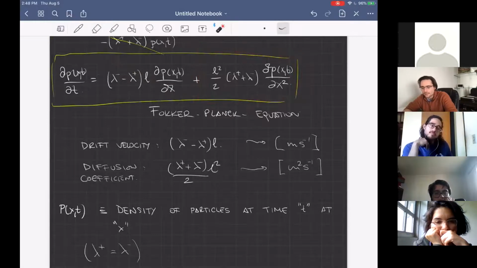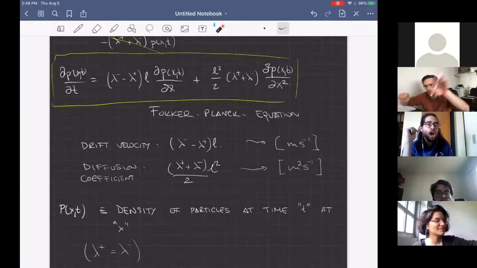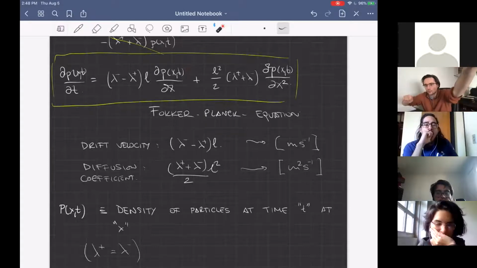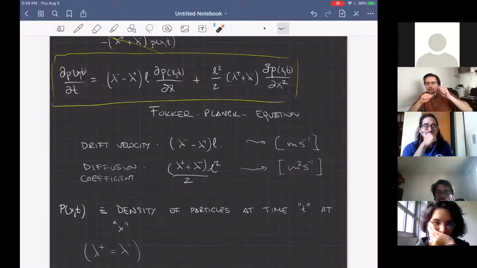Basically, you can see that this linear term is some kind of deterministic drift in the movement, and let me know if I'm using very technical words. This is some component of the movement that you will always see because the animal has more probability of jumping to the left than jumping to the right. So then you will see some linear constant velocity towards the left, because every time you decide where to move, you are giving some privilege to the left, for instance.